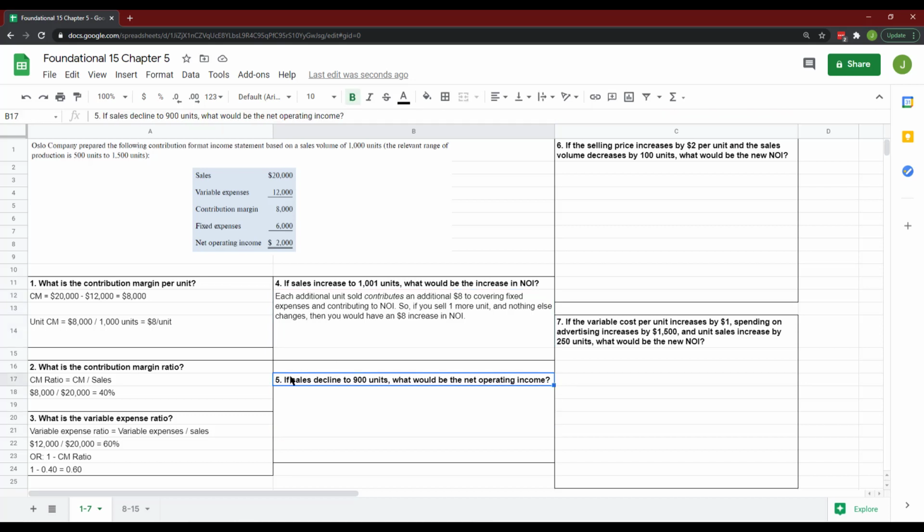Okay, number 5 is asking us a similar question, but instead of looking at an increase, we'll look at a decrease. It says if sales decline to 900 units, what would be the net operating income? So just keep in mind for each of these problems, we're just resetting to the original data. So we're not going off of any answers we found in previous problems.